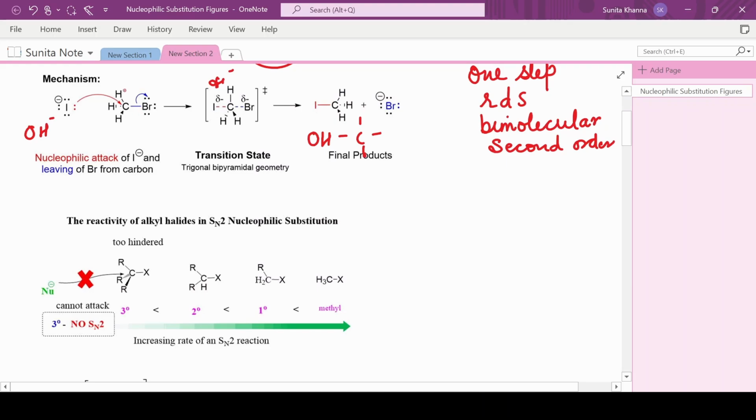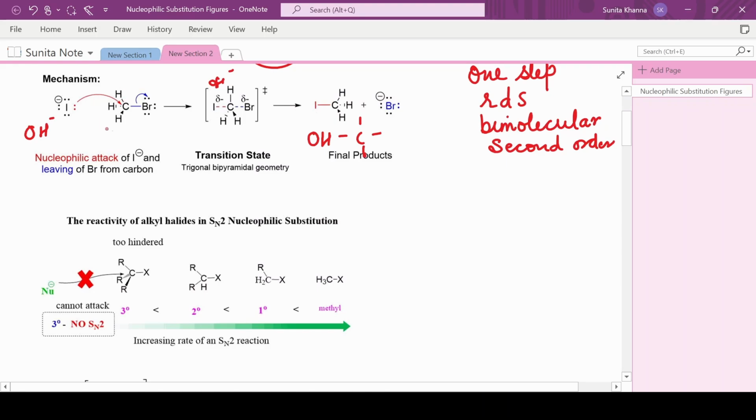Now see here, the OH ion or the attacking nucleophile which is attacking carbon has to reach the carbon, making its way through the other groups present here. So the smaller the group, the less is the obstacle to reach the carbon, which is the site of the attack.